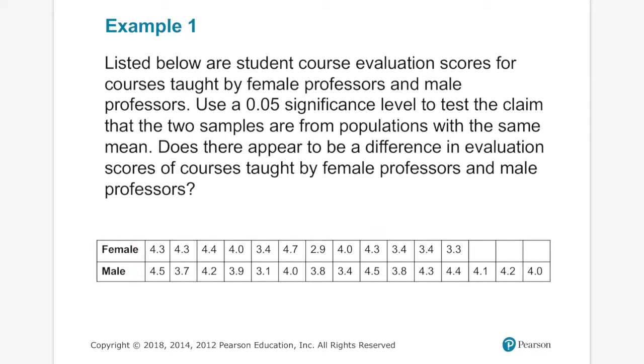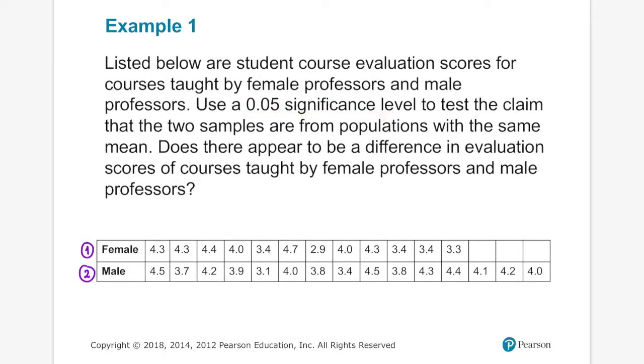I am given two different samples. One is the female professor scores, and the other one is the male professor scores. I will call this group 1, and this is group 2.